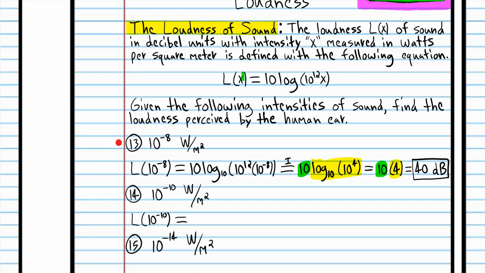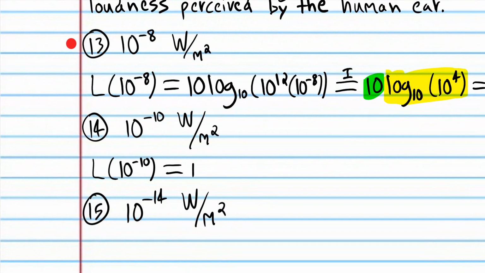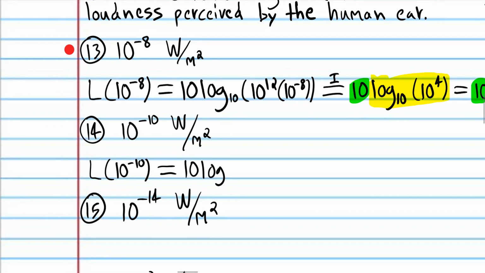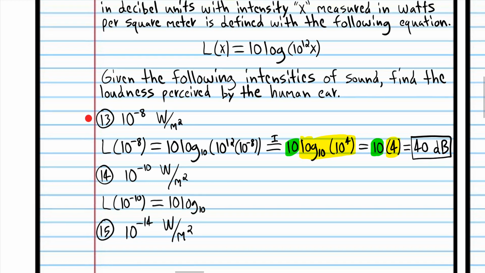The input is x, and the output is L of x. I know that's very confusing. So we're going to use our formula, and remember there's no base in the logarithm, so that means it's base 10. So we have 10 to the 12th times 10 to the negative 10.